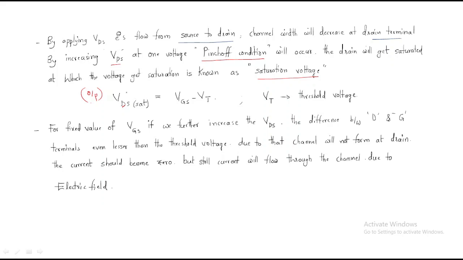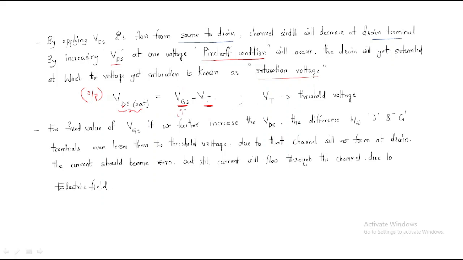Here, how can we find out the VDS saturation? VDS saturation equals the input voltage, gate source voltage, minus threshold voltage. We will get the VDS saturation.